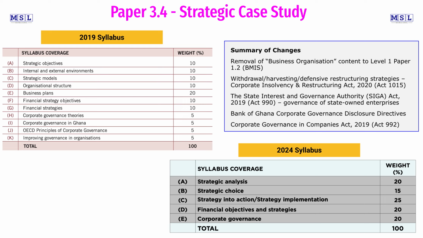Candidates must understand that piece of statute. Then the Bank of Ghana Corporate Governance Disclosure Directives and specific corporate governance requirements in the Companies Act 2019, Act 992, are also required. But apart from these changes, the strategic case study paper really stays the same. Not much is changing here compared to a paper like advanced taxation, right? So that does it for level 3.